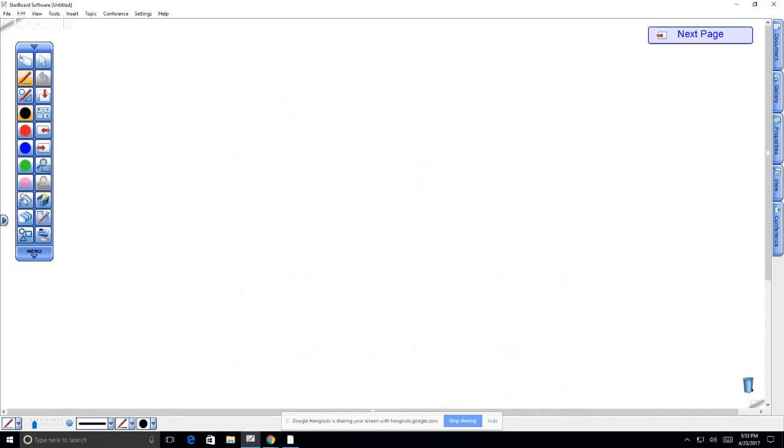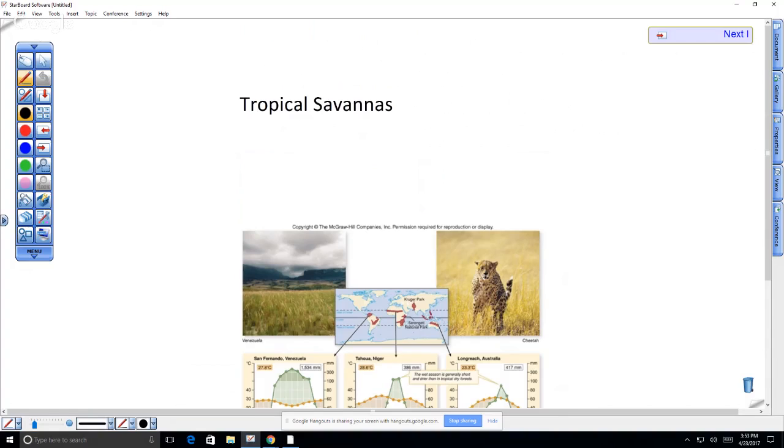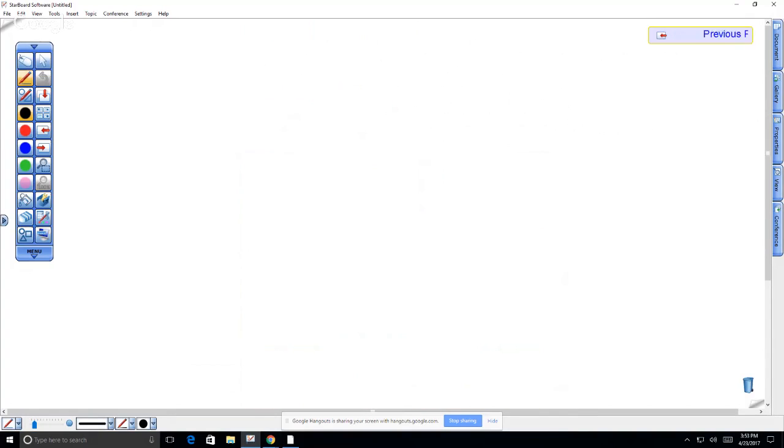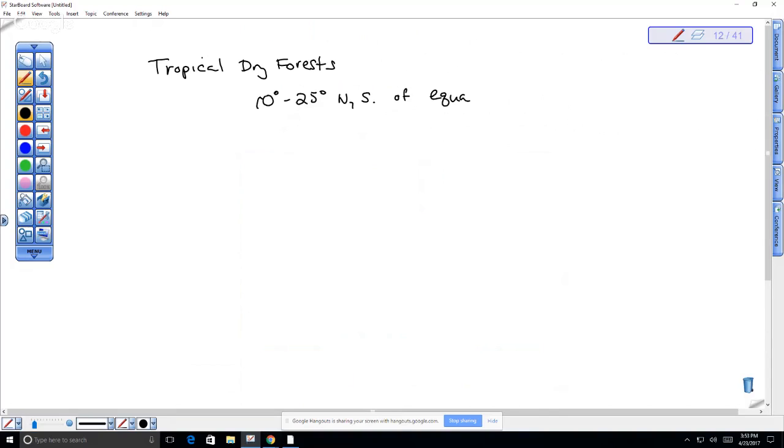And this is different than what we would call the tropical dry forests. So we have tropical rainforests, and then we have tropical dry forests. Mexico, for example, has a lot of tropical dry forests. And these usually are 10 degrees to 25 degrees north and south of the equator. And rainfall is abundant, but it is seasonal.